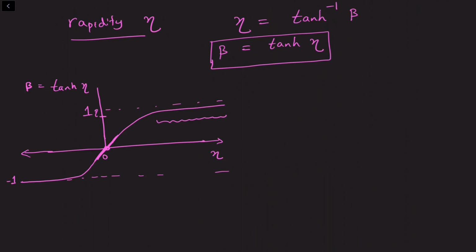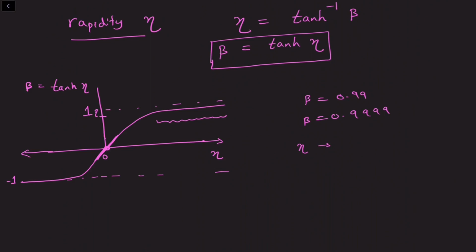This will allow us to describe speeds which are close to the speed of light, rather than saying things like beta is 0.99, which means the speed is 99% of the speed of light, or beta is 0.999. Rather than trying to keep track of how close beta is to 1, we can now talk about a quantity eta, which would be much more spread out.